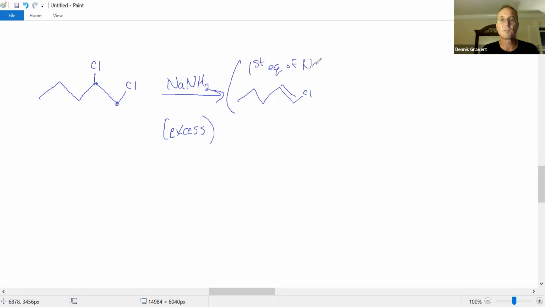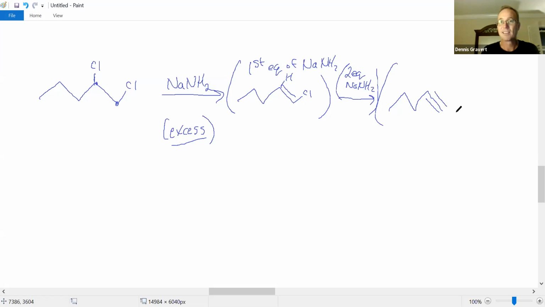So the first equivalent of sodium amide will make this, but we're saying we're using an excess. We're not done here. So add a second equivalent of NaNH2. So you added a big amount of this. First one attacked it, made this. More of this attacked this product to remove the other H and the Cl to give you the triple bond. But there's a hydrogen at the end of the triple bond.